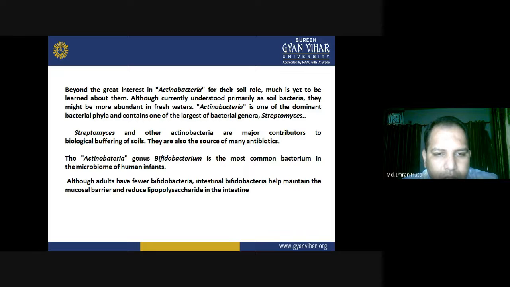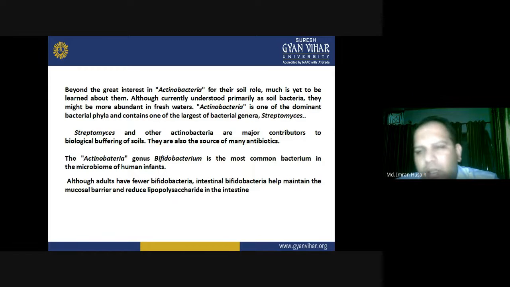Although adults have fewer bifidobacteria, intestinal bifidobacteria help maintain the mucosal barrier and reduce lipopolysaccharide in the intestine. So, although they are not present in such quantity in adult human beings, they are still present in a significant number.